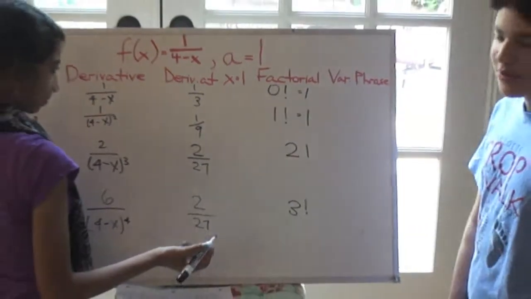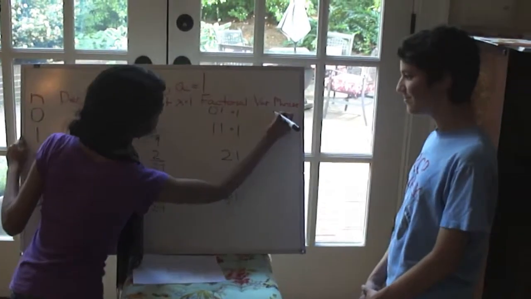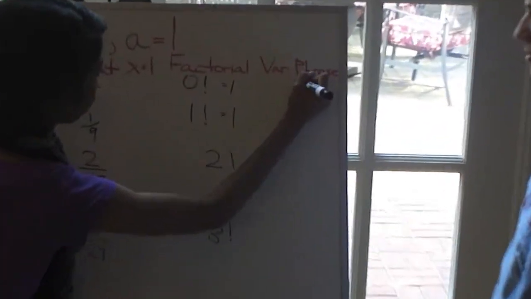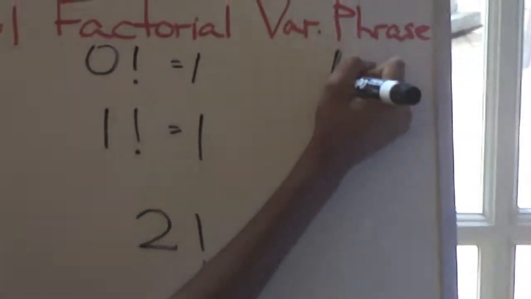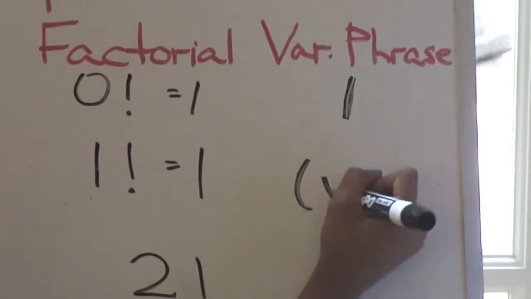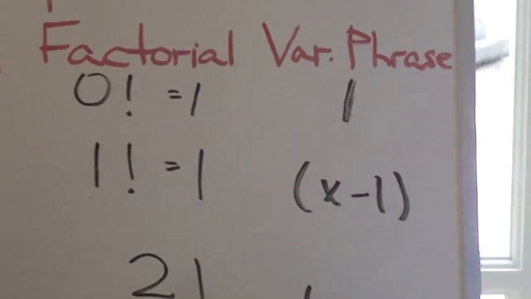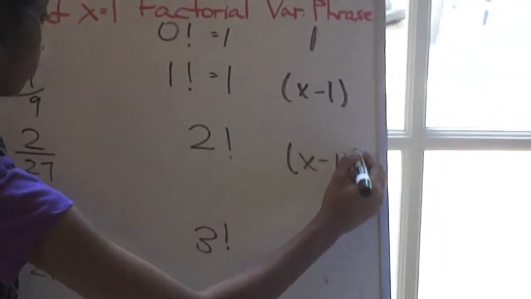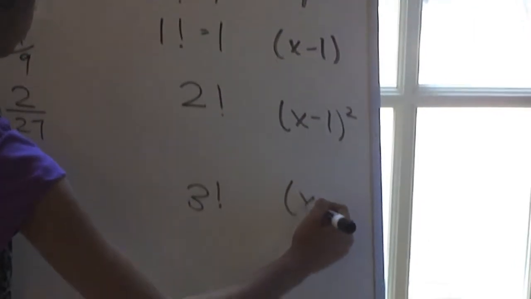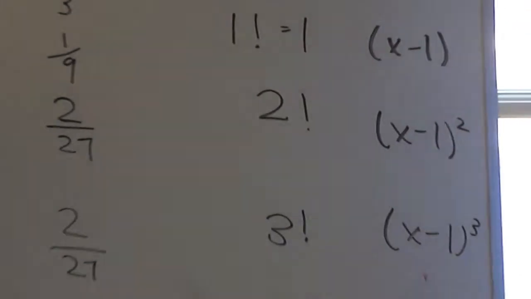And for the variable phrase column, which is x minus a to the n, you'll plug in the n. So for n equals 0, it'll be x minus 1 to the 0, which is the same as 1. And that's your chart.